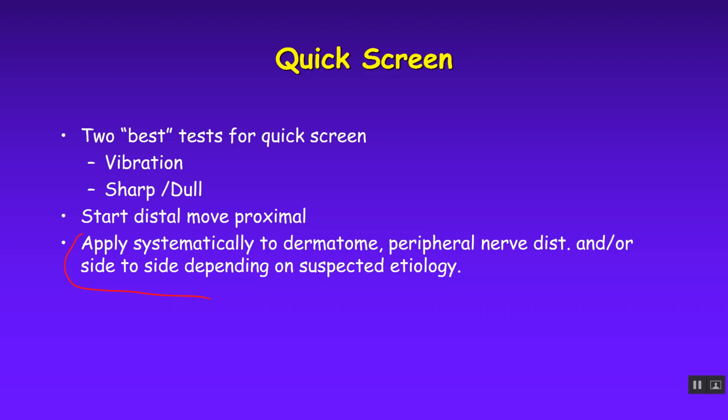Versus if somebody comes to me with carpal tunnel syndrome, and that's the diagnosis, and they got wrist pain, and they work on a factory line, and they're complaining of sensory loss and numbness in their hand, then I'm worried about peripheral nerve distribution. I'm just going into the hand, maybe the forearm a little bit, and I'm just testing. I may not even do left and right.